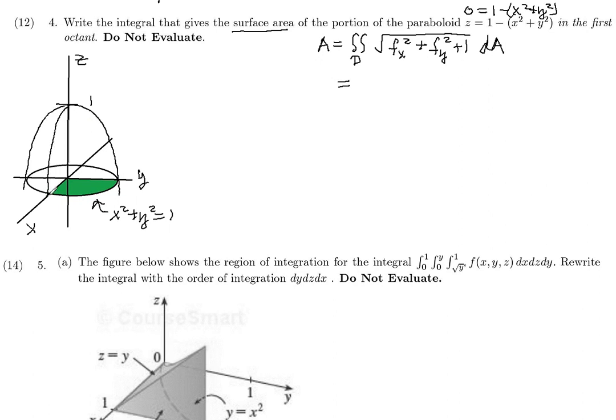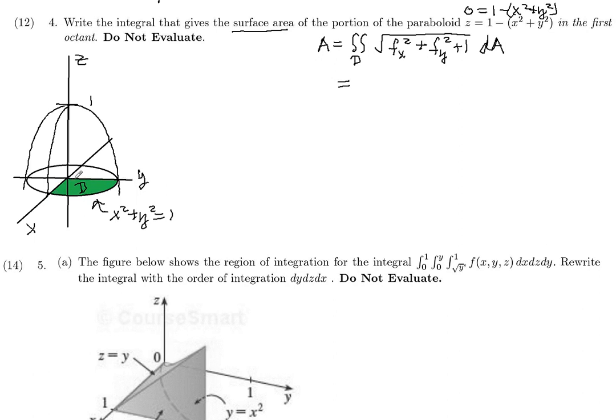So we just want that quarter of the paraboloid that's above the xy plane and in the first quadrant.